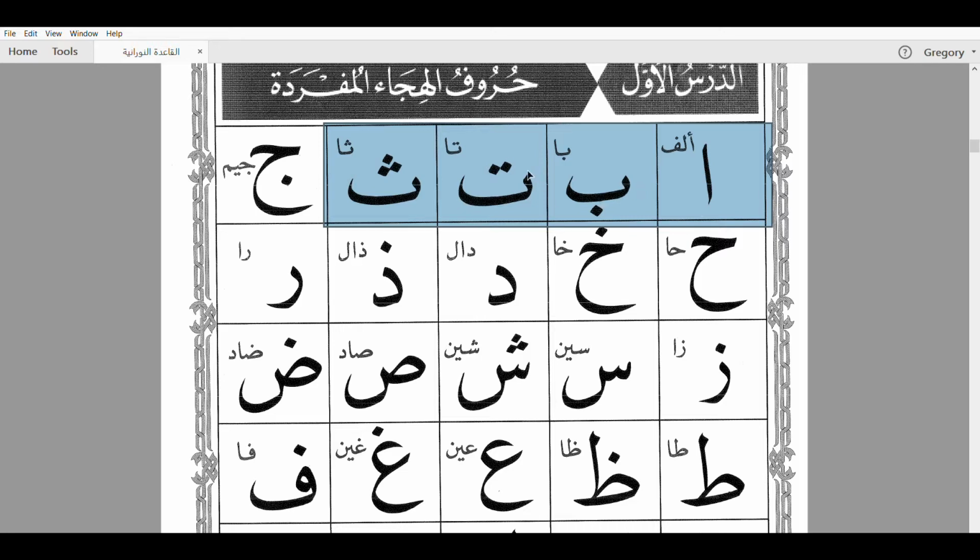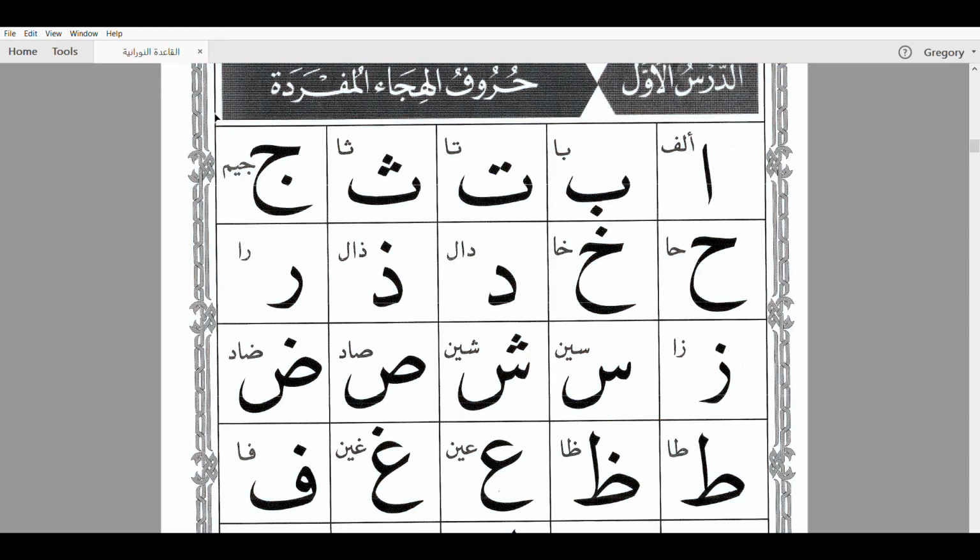And then you have ta, which has 2 dots above the boat. And third, you have tha with 3 dots above the boat. So alif, ba, ta, tha. So ba with the dot below, ta with 2 dots above, and tha with 3 dots above.